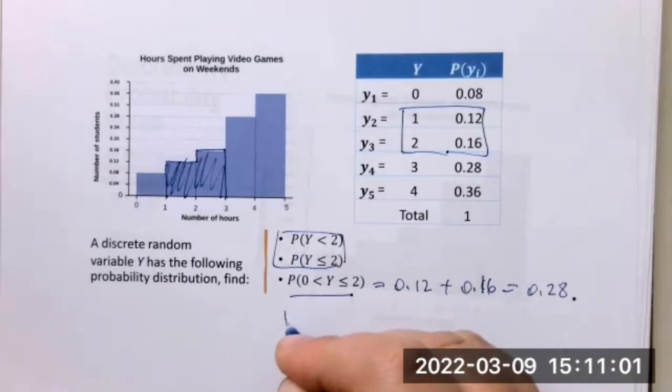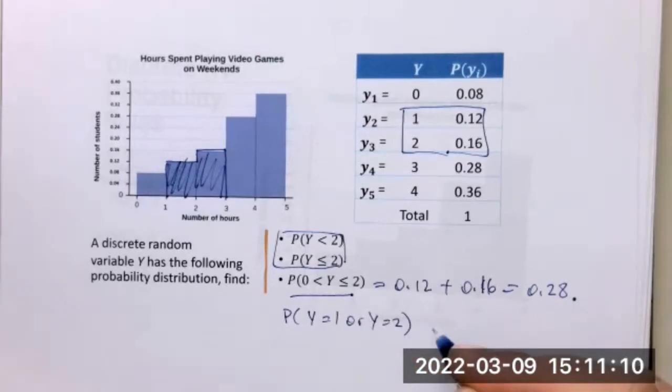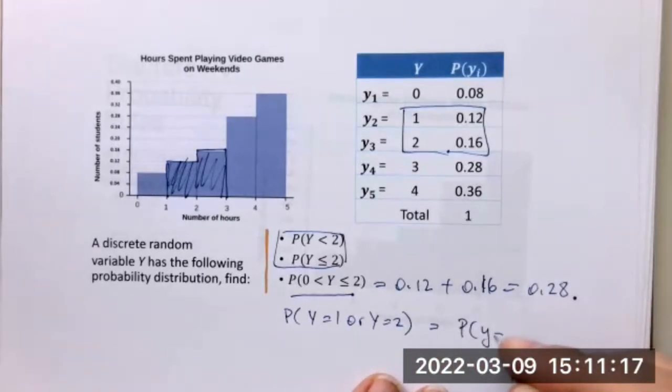This is actually tied in with the probability rules that we learned earlier. This is going to be the probability of y equals 1 or y equals 2. So how do we figure out the probability of or? That's the probability of one plus the probability of the other.